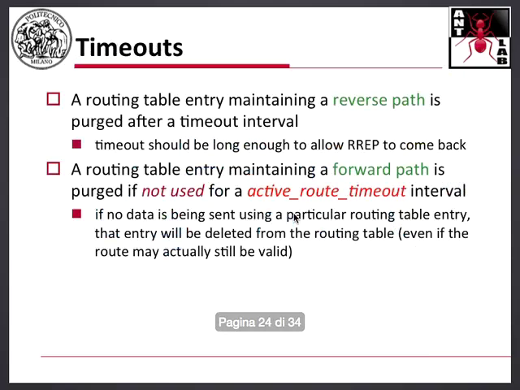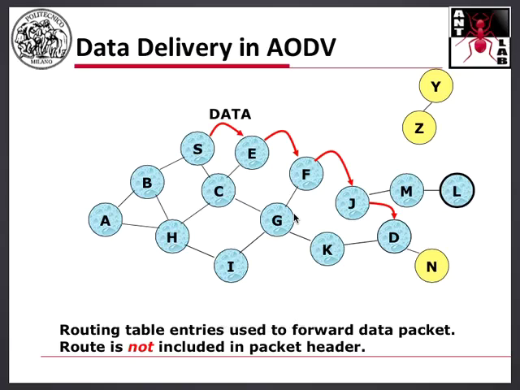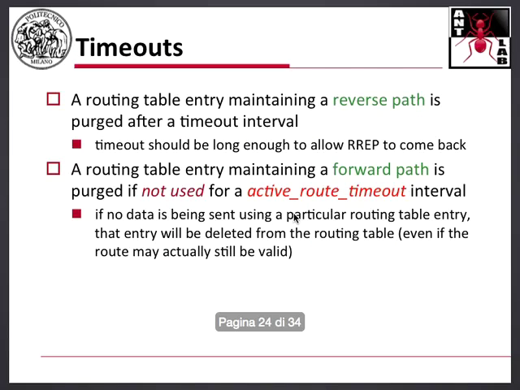Then there are some additional tricks and needs on AODV, which are actually dealing with the fact that once you receive a route request, you're forced to set up a backward path. For example, let me go back some slides.